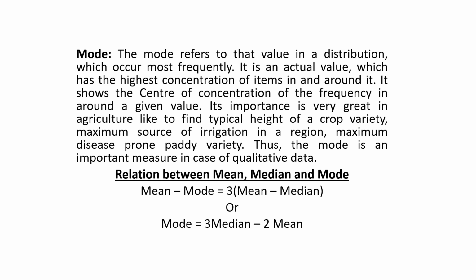Determination of mode in discrete series, you can determine in two ways, that is the inspection method and the grouping and analysis table. In the inspection method, you are going to take the maximum or highest value from the frequency column, and the value corresponding to the highest frequency is considered as mode.